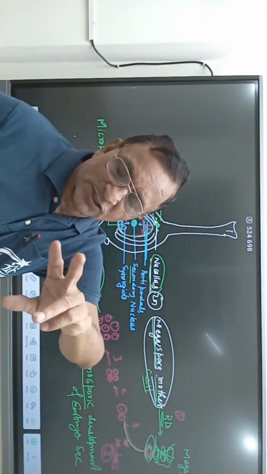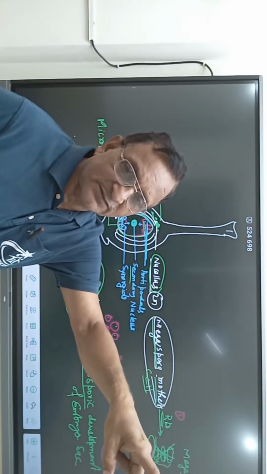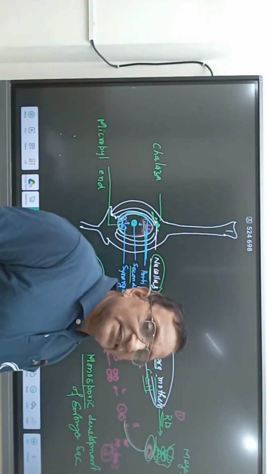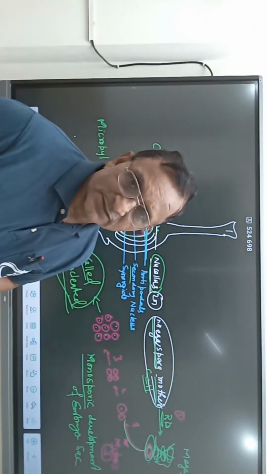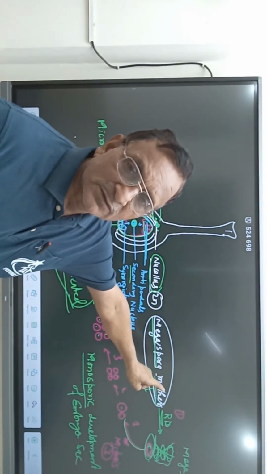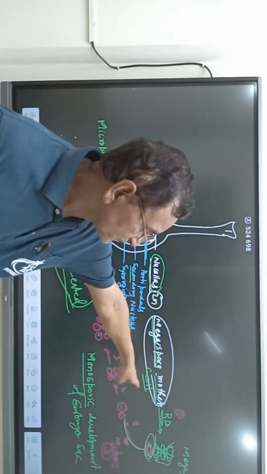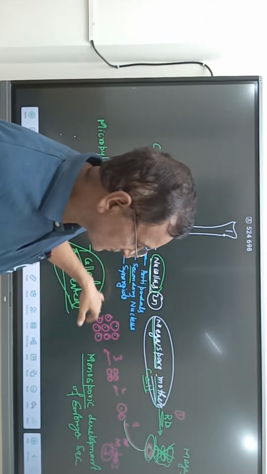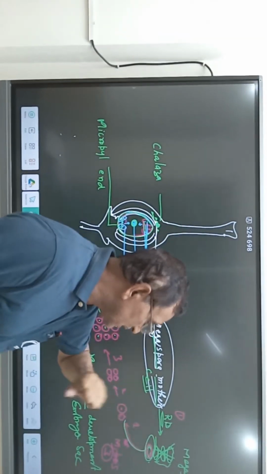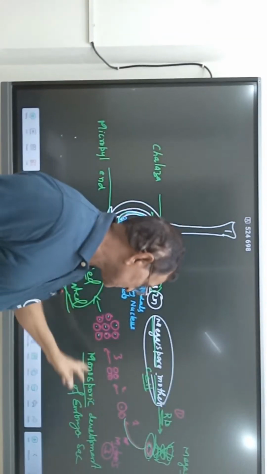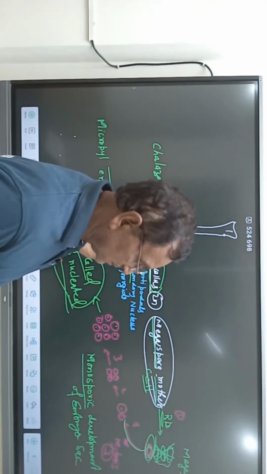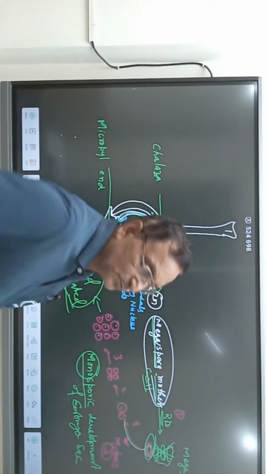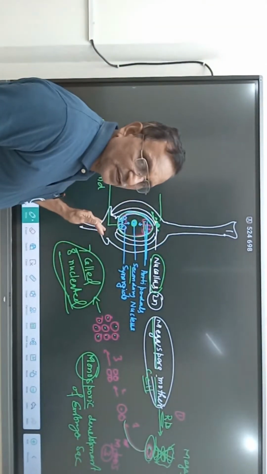In microsporogenesis, meaning formation of pollen grains, all pollen tetrads develop into pollen grains, but here all are not developing into embryo sacs. Only one develops into the embryo sac. Hence, this development is called monosporic development of the embryo sac.